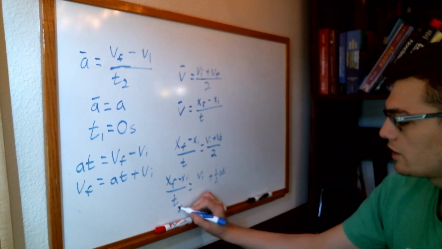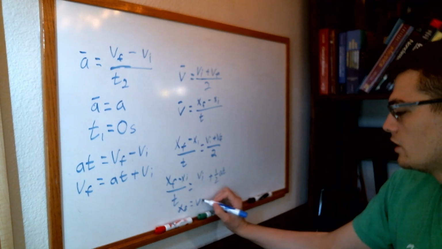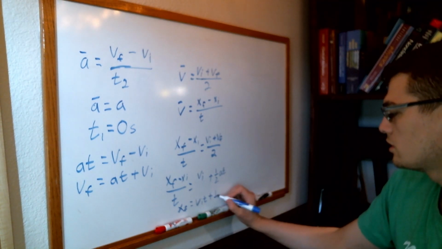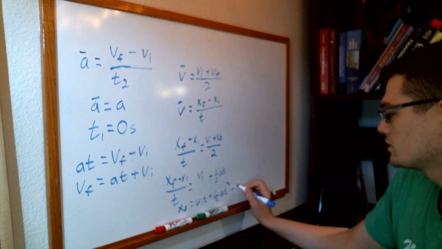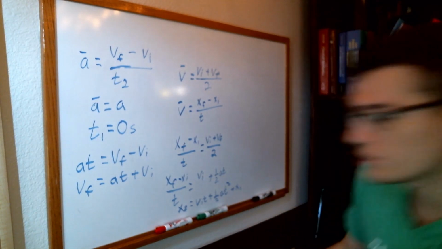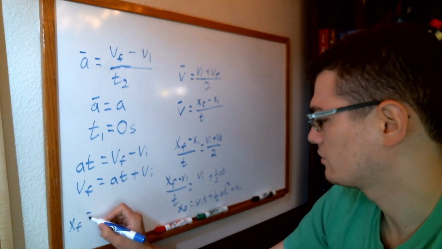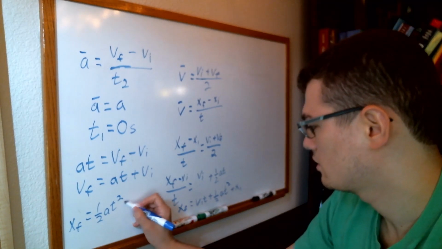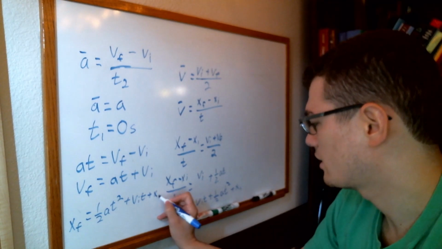So then we get that xf is equal to vit plus 1/2 at squared plus xi. And now this is more commonly found in this form, like this. xf is equal to 1/2 at squared plus vit plus xi.